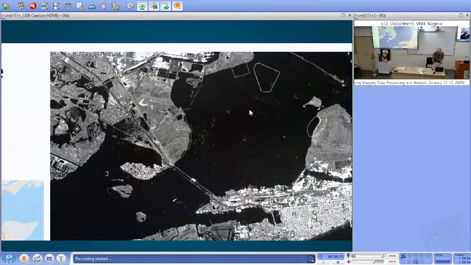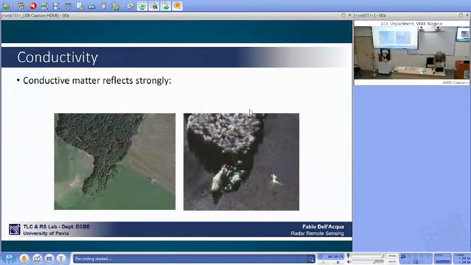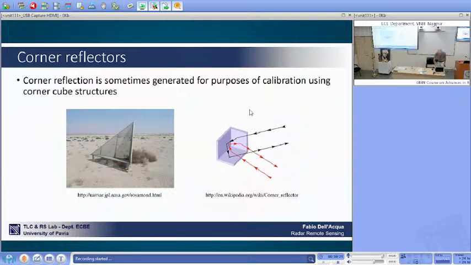Let me say one last thing, because I think this could be interesting. Then I will get back to that image because I think it's particularly interesting. The trihedral reflection is sometimes caused on purpose with suitable structures like this, which are made of metal, for purposes of calibrating the sensing system.